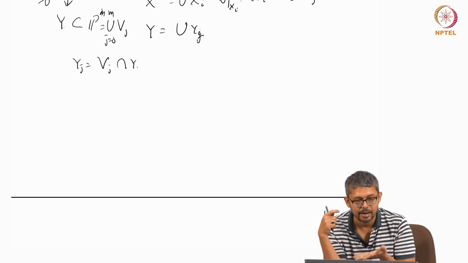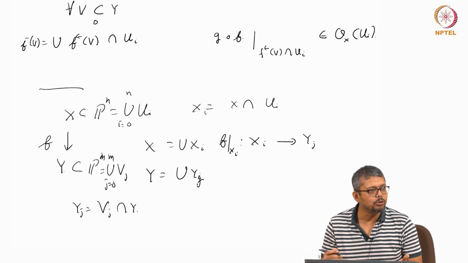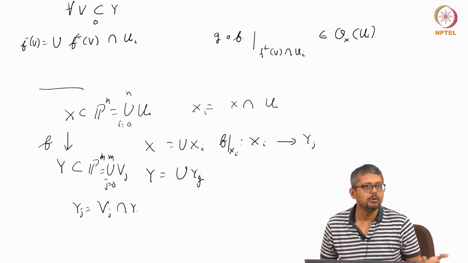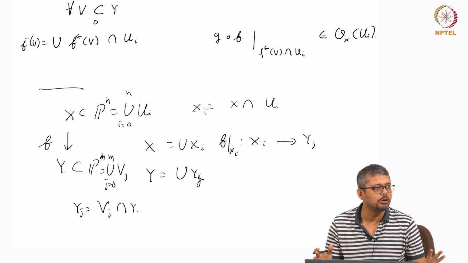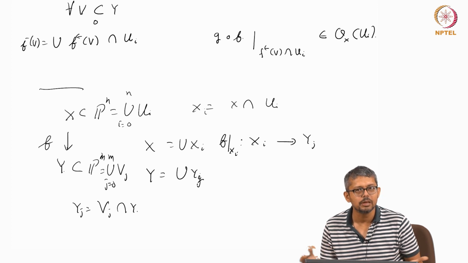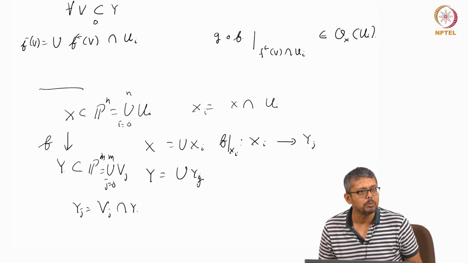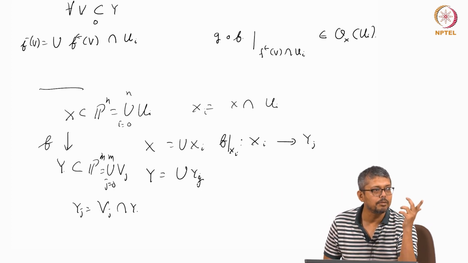First of all, there are many difficulties. How do you construct such an f in the first place? Two abstract projective varieties are just given by zero sets of homogeneous polynomials.